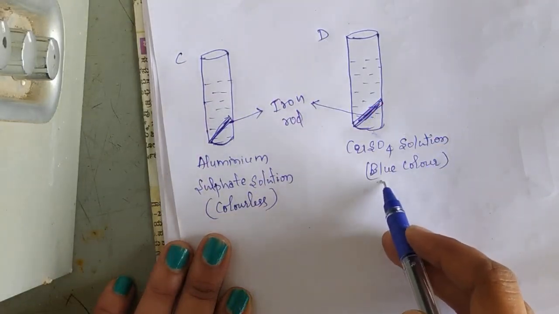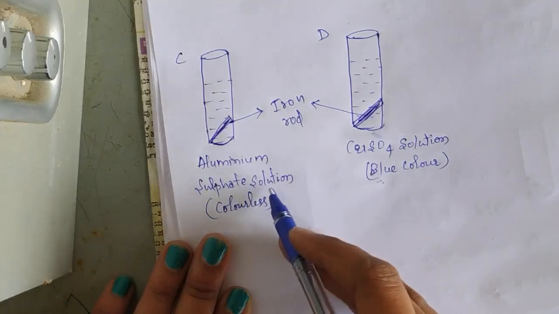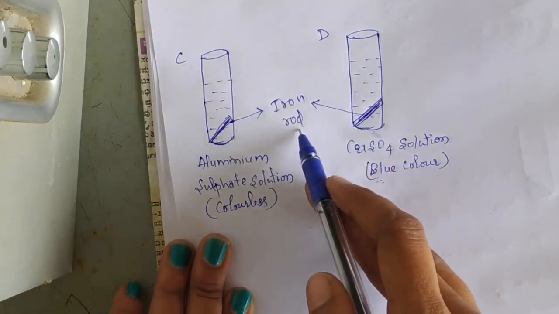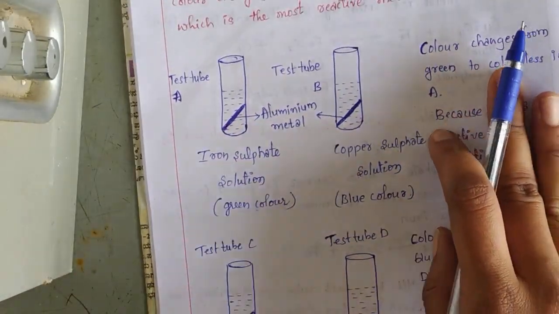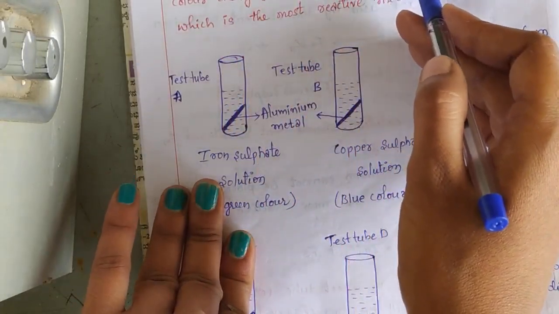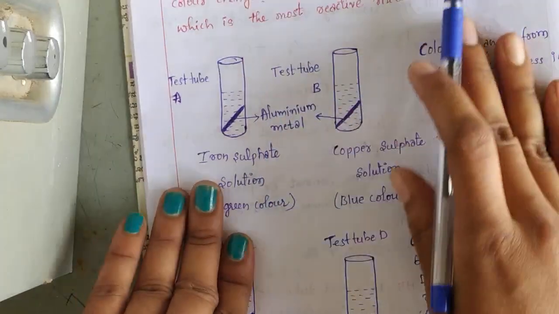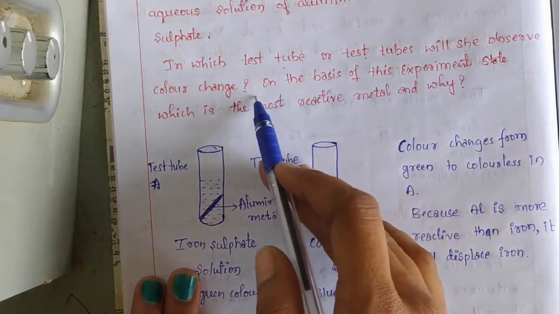The copper sulfate solution is blue in color, whereas the aluminum sulfate is colorless. In both the test tubes, iron rods are immersed. Now the question is: in which test tube or test tubes will she observe color change?